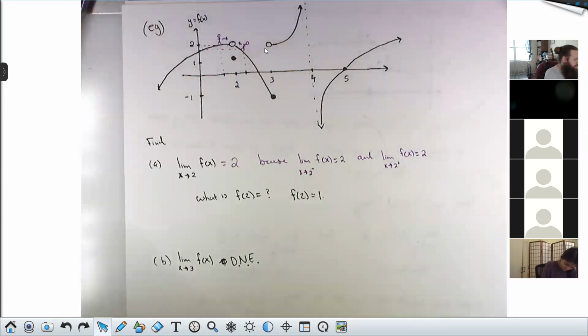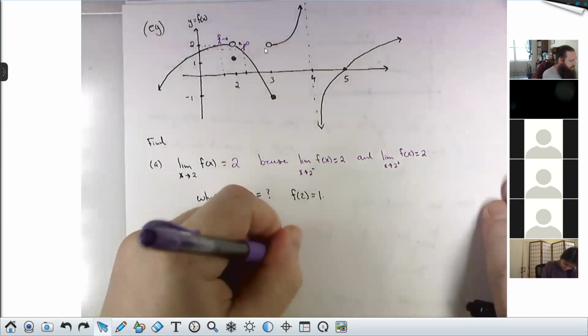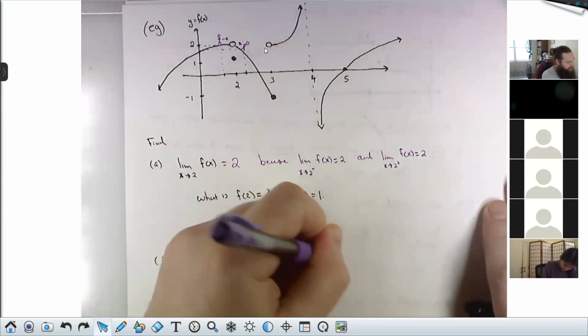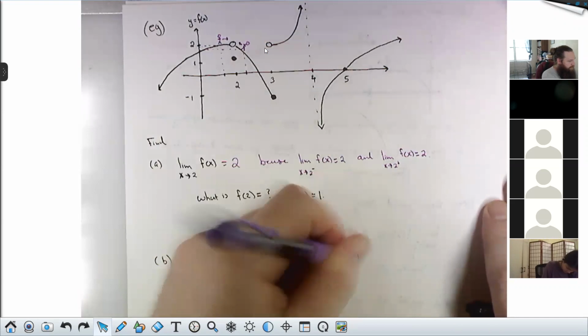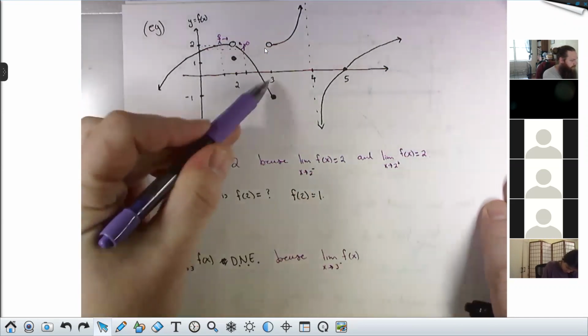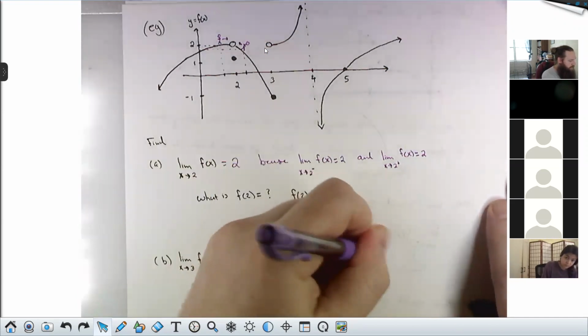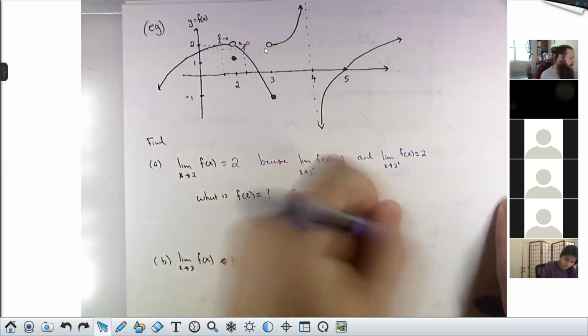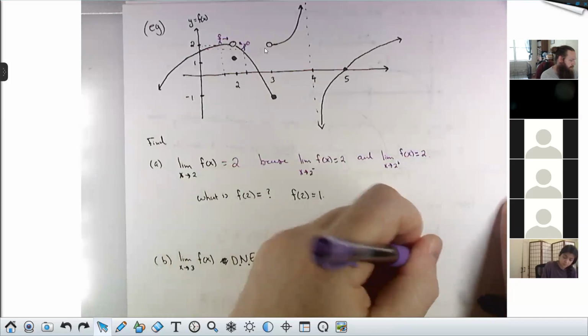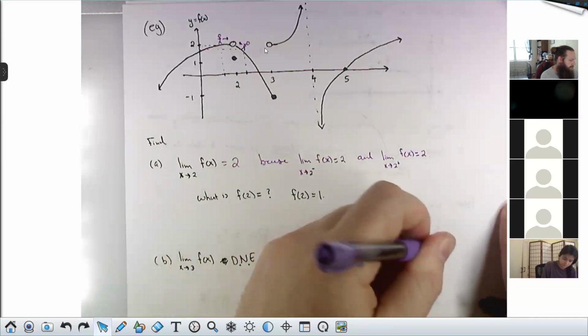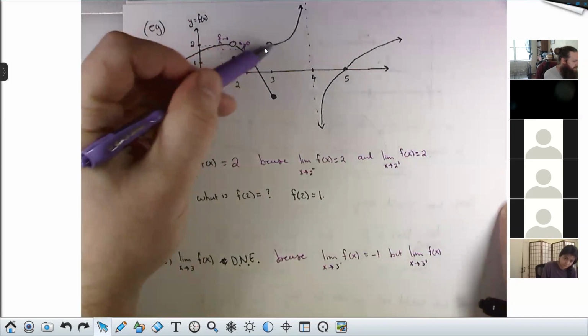So this we would say does not exist because the left limit, the limit as x approaches 3 from the left of f of x, is coming down here towards -1. But the limit as x approaches 3 from the right of f of x is up here. It's getting closer and closer to 2.